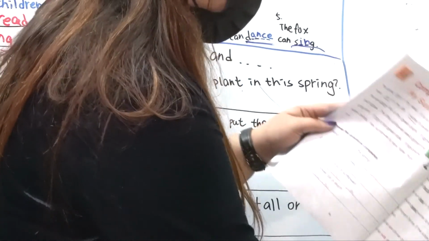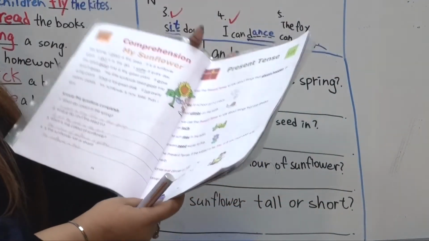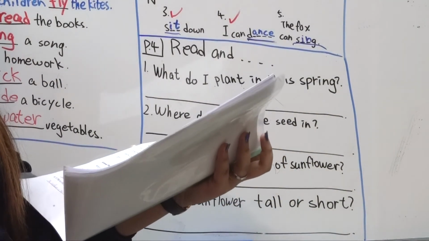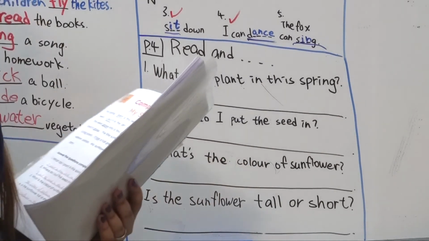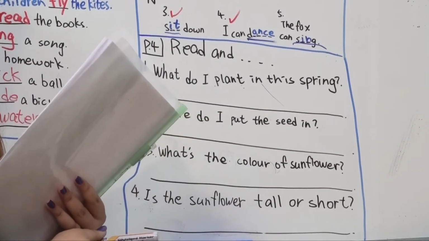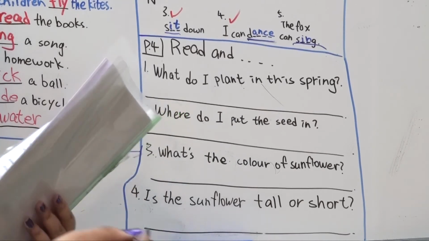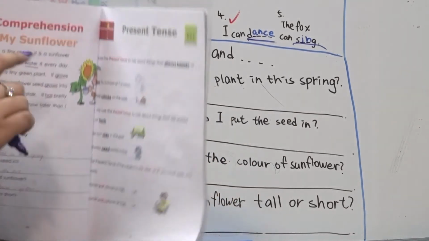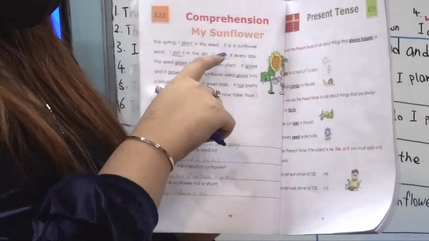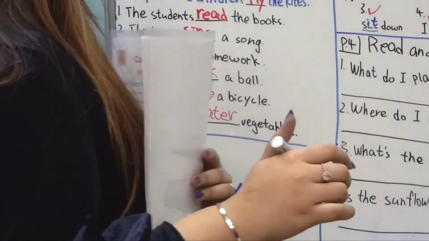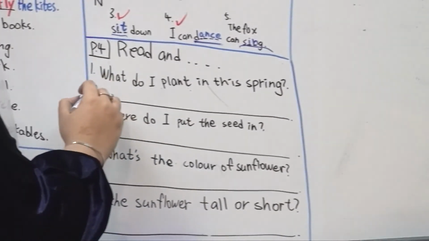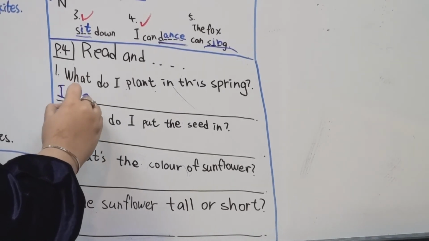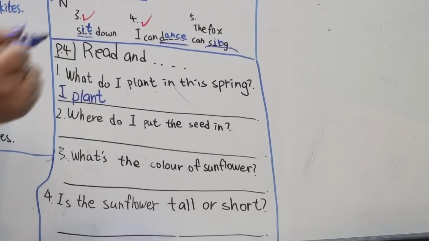So as you can see in the first line, this spring I plant a tiny seed. Look at your book, okay? The thing I plant is a tiny seed, right? So the subject I comes first. Plant, the action. I do the action, right?